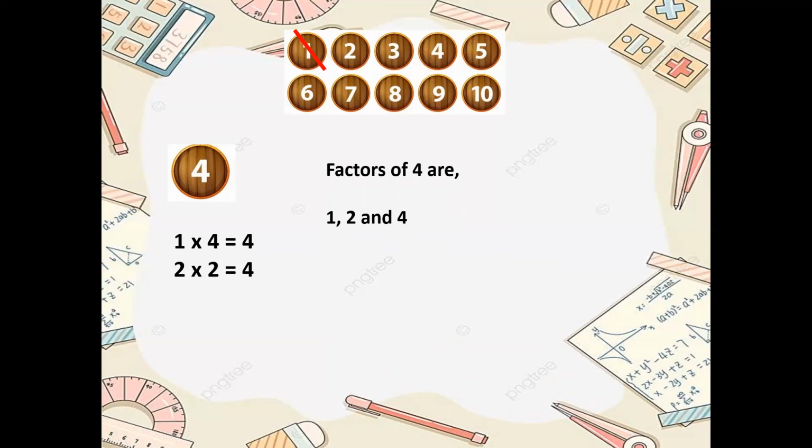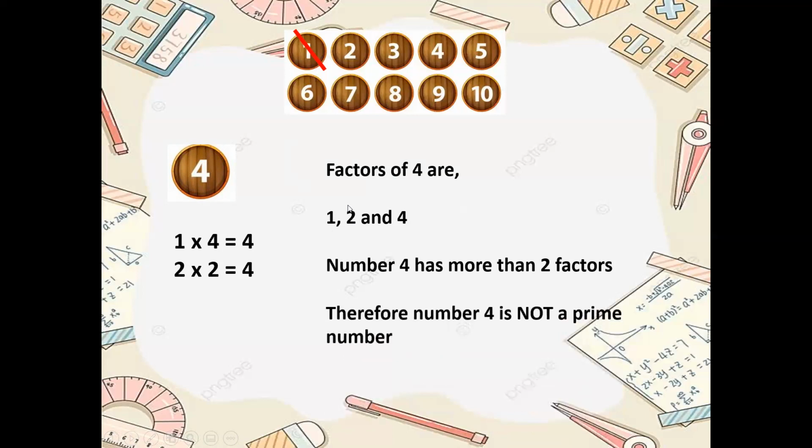So the factors of number 4 are 1, 2 and 4. So number 4 has more than two factors. Not only number 1 and number itself, it has another factor as well. Therefore, number 4 is not a prime number.